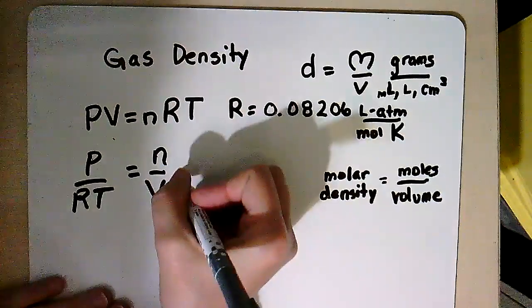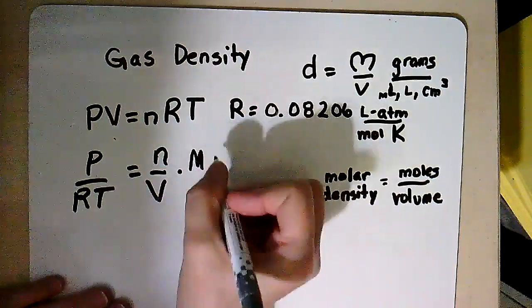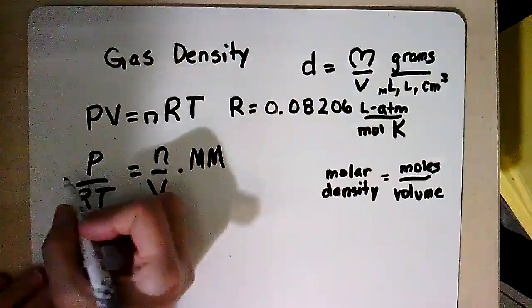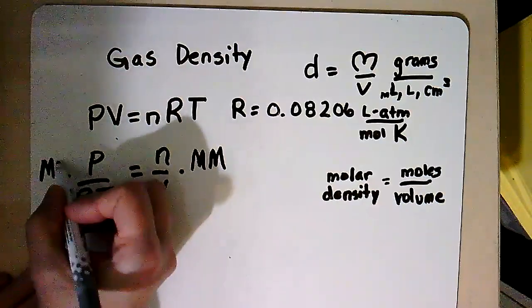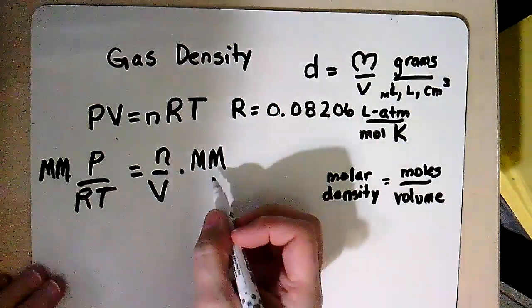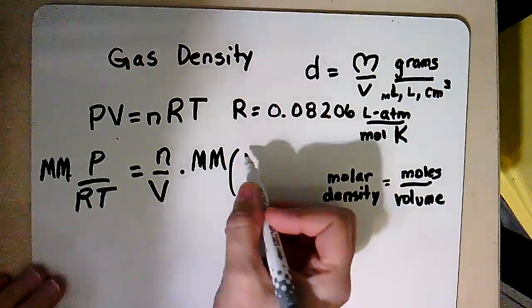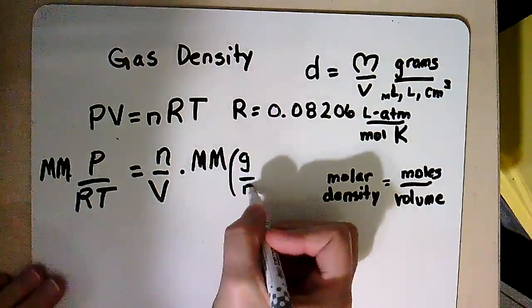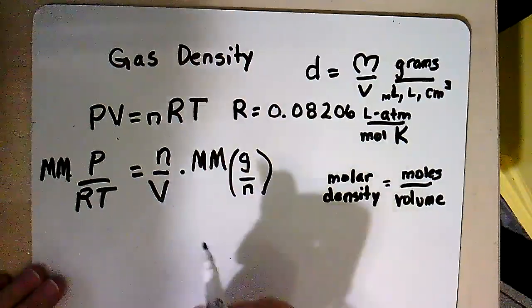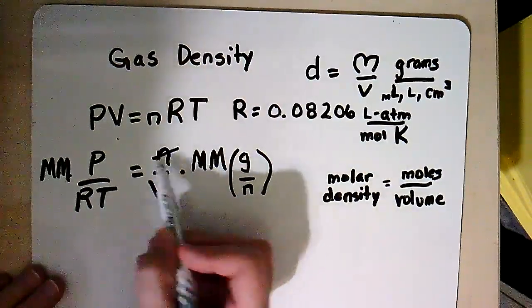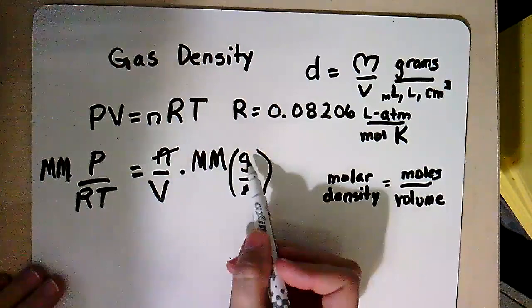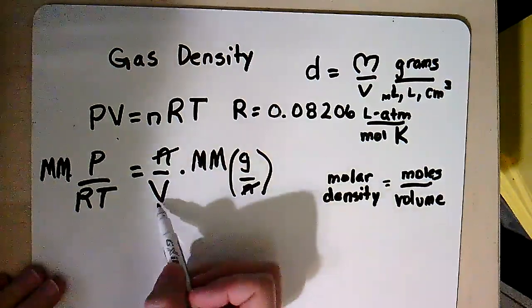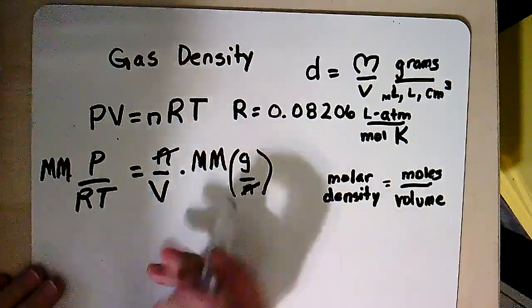All we have to do is multiply both sides of this equation by molar mass. So what are the units of molar mass? Grams per mole. So look what happens. The moles cancel and we get mass in grams over volume in liters.